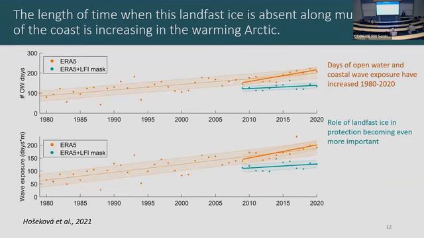As I mentioned already, the length of time when landfast ice is absent along the coast is increasing in the warming Arctic. So these plots show from reanalysis data the days of open water and the coastal wave exposure from 1980 to 2020. And you can see that those have increased over time.